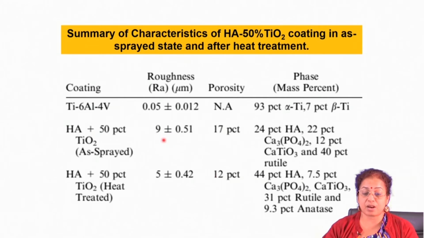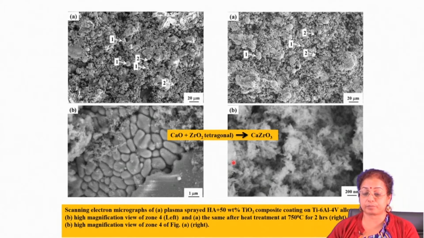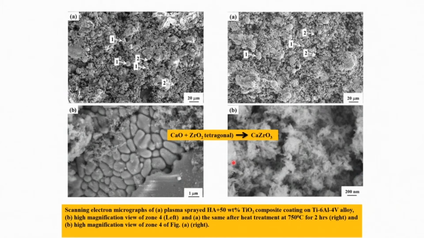This roughness is very important in increasing the cell adherence property, and porosity is also equally important, but porosity content should not be too high, because if it is too high, it reduces the toughness to a large extent. You will find after heat treatment how the properties change.